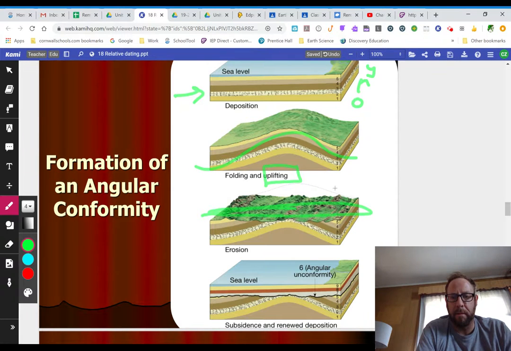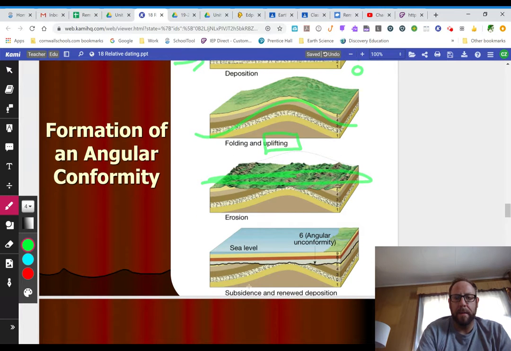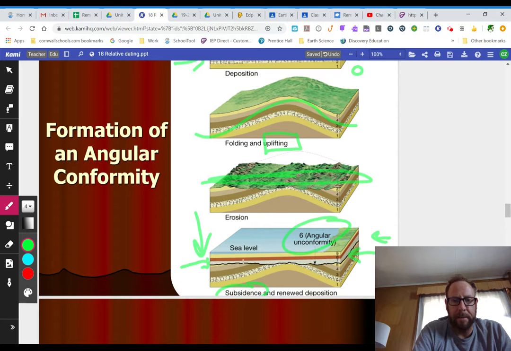There's missing rock pieces. We subside. There it is, subsidence, back down under the water, and new horizontal rock layers are laid down. This dark line right here, that is your unconformity. It's saying that there's missing time, there's missing information.